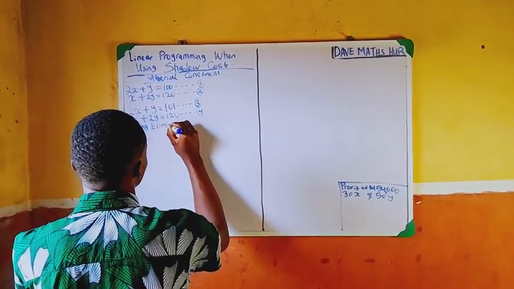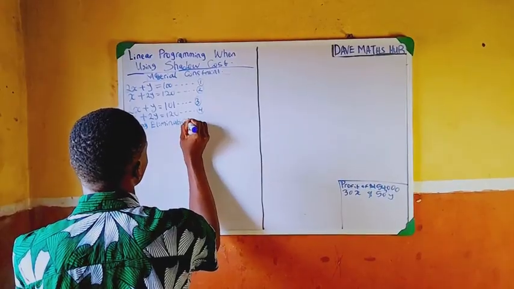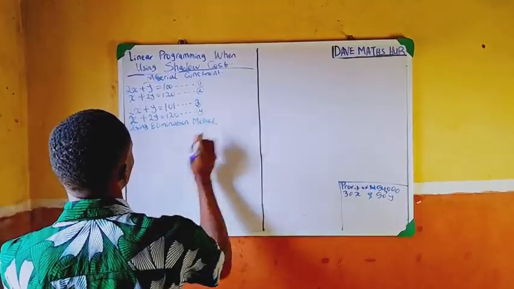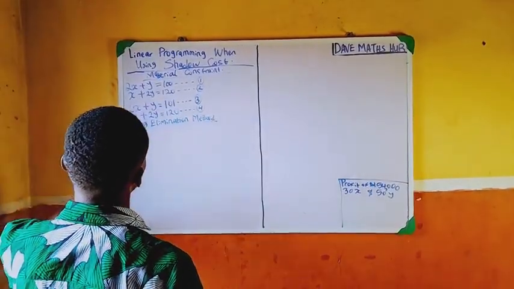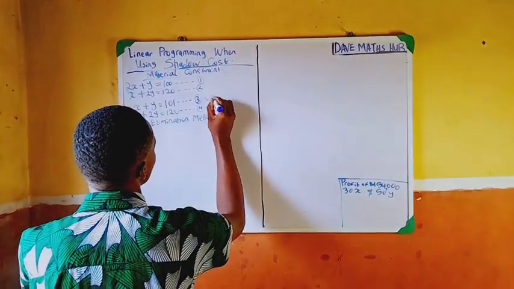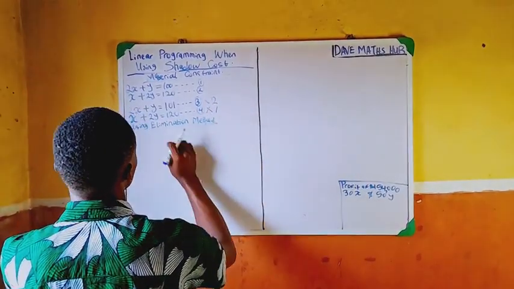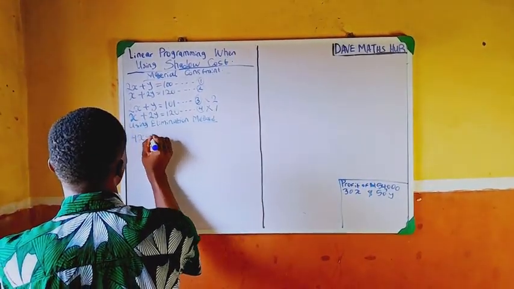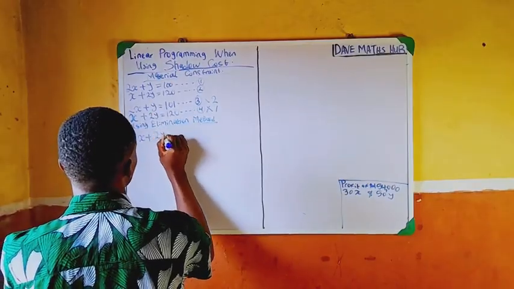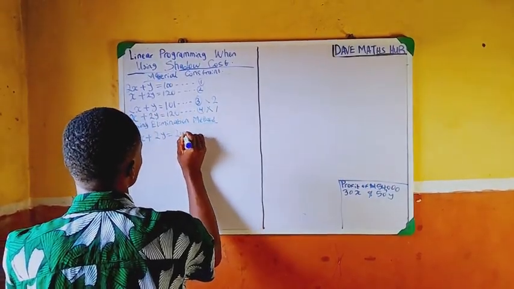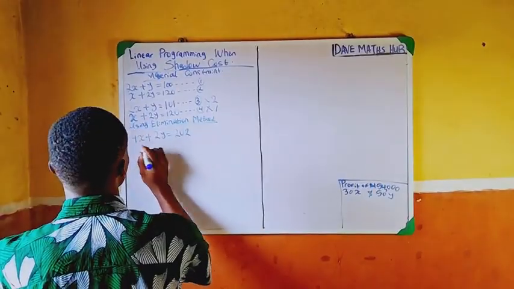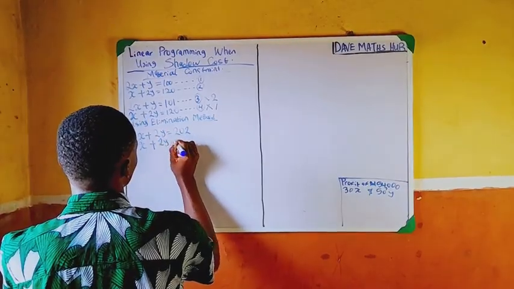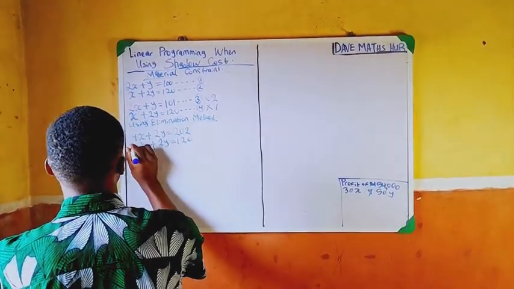Now, using elimination method, we'll first eliminate y, giving this one to be times 2 and this one to be times 1 to make this equal. So 2 times 2x is 4x plus 2 times y, 2y, and this is 202. This one remains the same, x plus 2y equals 120.